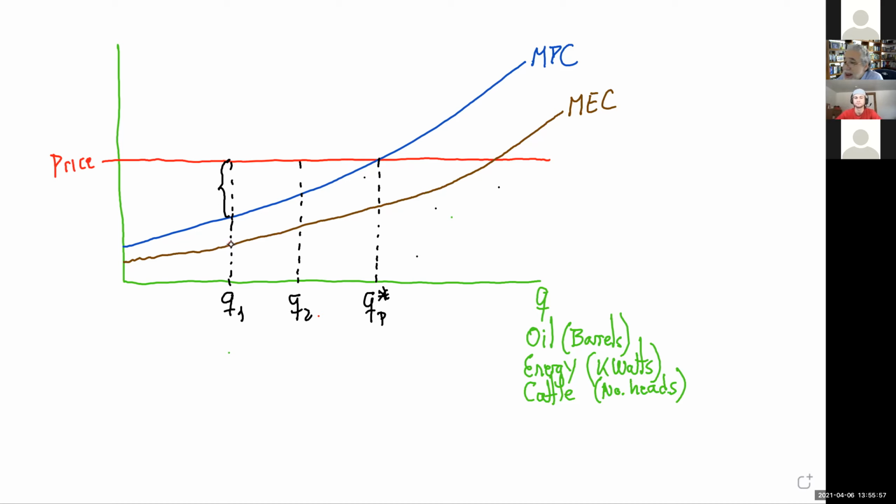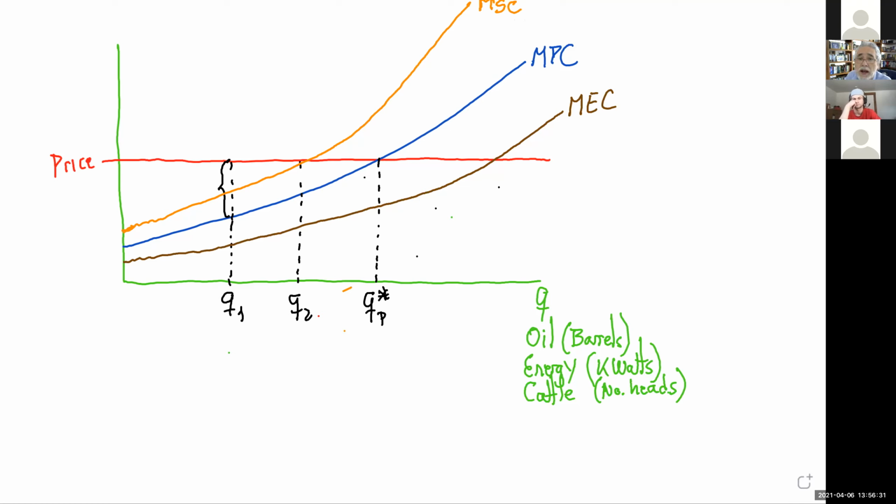Now I'm going to add up both curves and build a final curve, and I'm going to put it in orange. Let's see if it works with orange. Yes. I'm going to add up these two graphs vertically, the brown and the blue one. So probably around here we're going to start, and this is going to go somewhere like this, and this would be the marginal social cost.